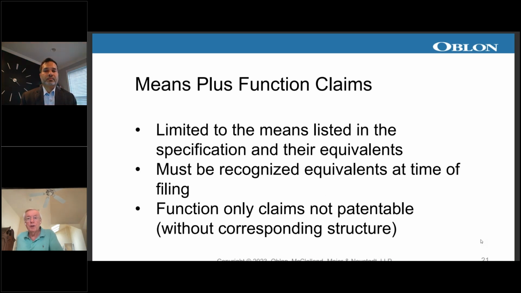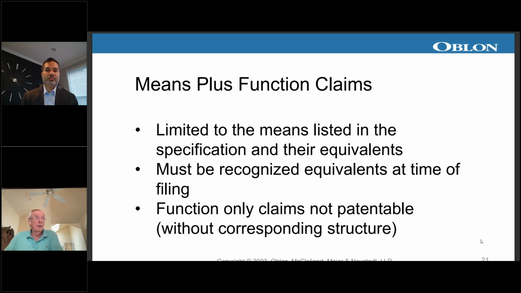And one of the things people have suggested is means-plus-function claims. Well, means-plus-function claims are really a shorthand way of putting into a claim the means and functions that are described in the specification. So they're limited to the means identified in the specification and their equivalents, but they have to be recognized at the time of filing. Now, the problem with antibodies is you don't know what the equivalent is because you can't predict how it's going to fold.